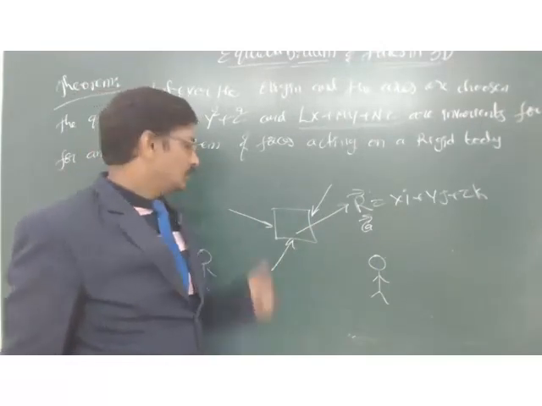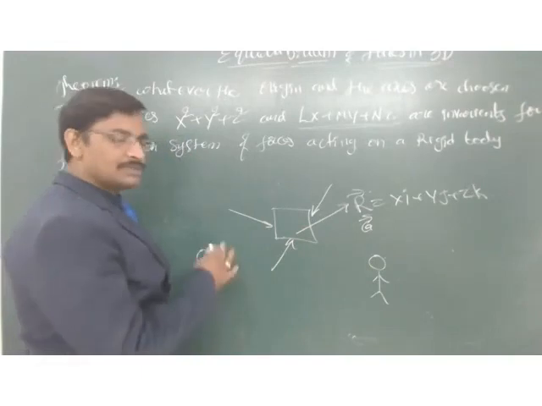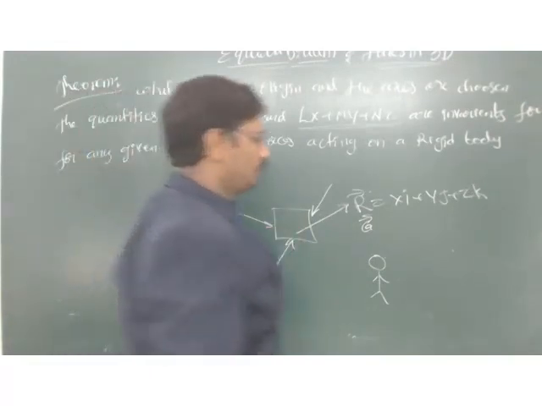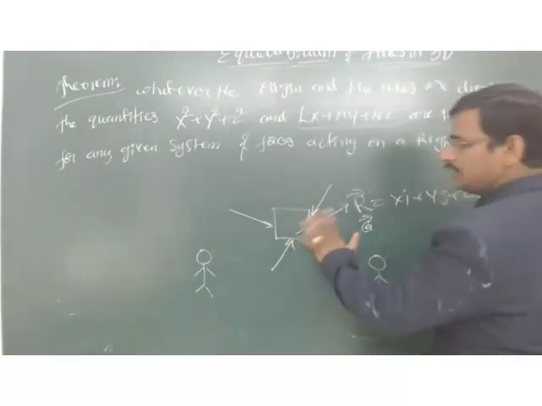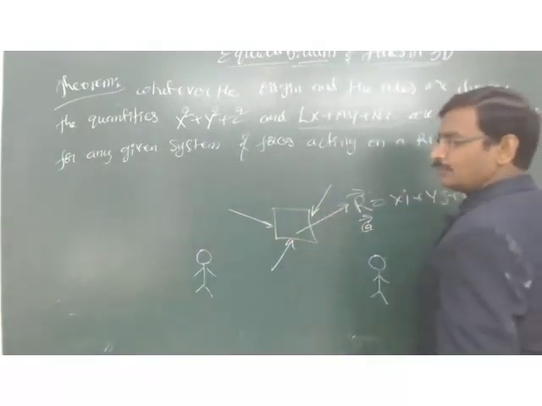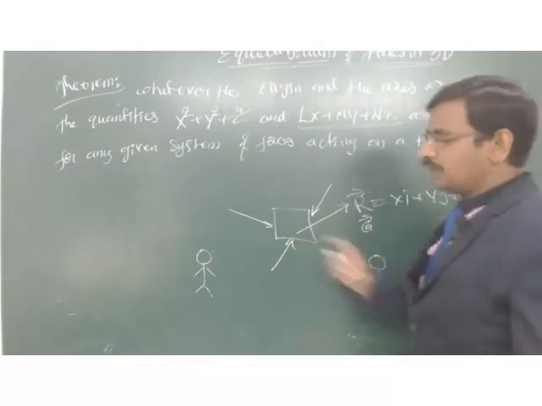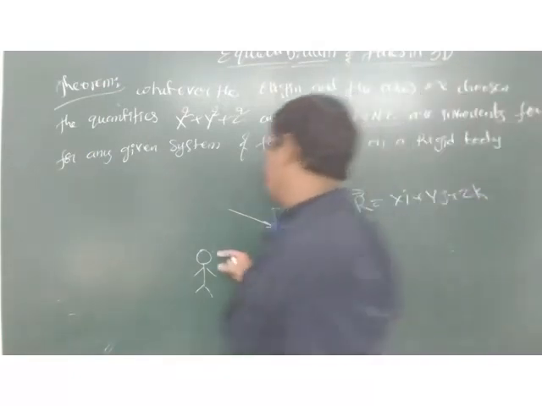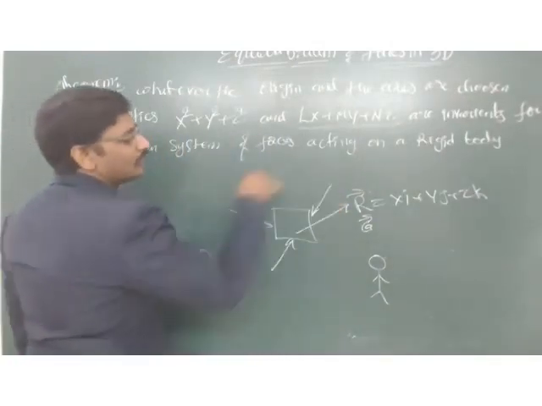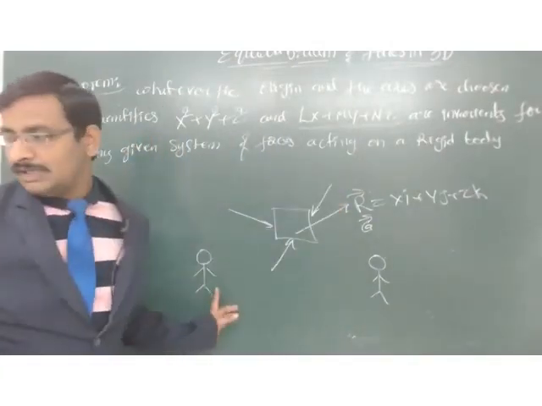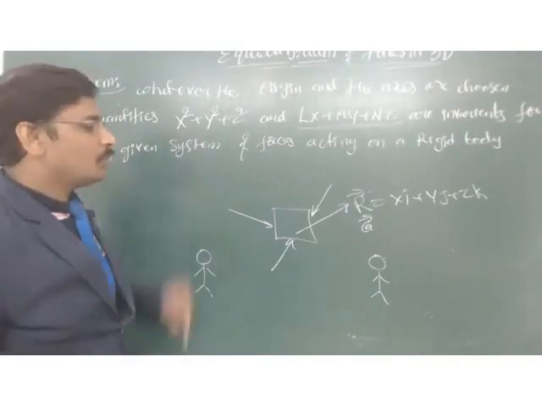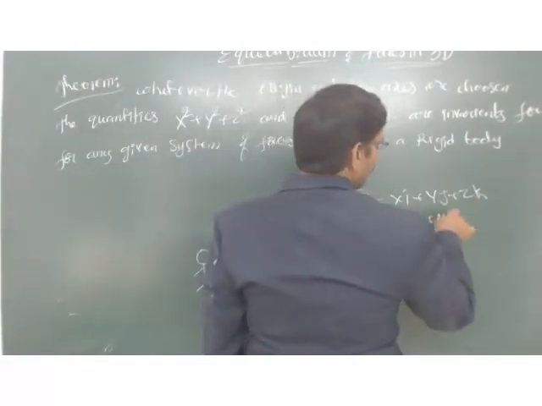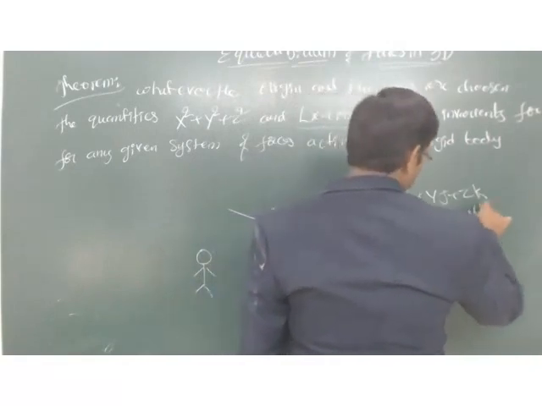Suppose I am standing like this, the body is to the right of me. If I am standing here, this body is to the left of me. That means the way we interpret the rotation is different, so the moment will be different in both cases. And that moment value G is equal to Li plus Mj plus Nk.